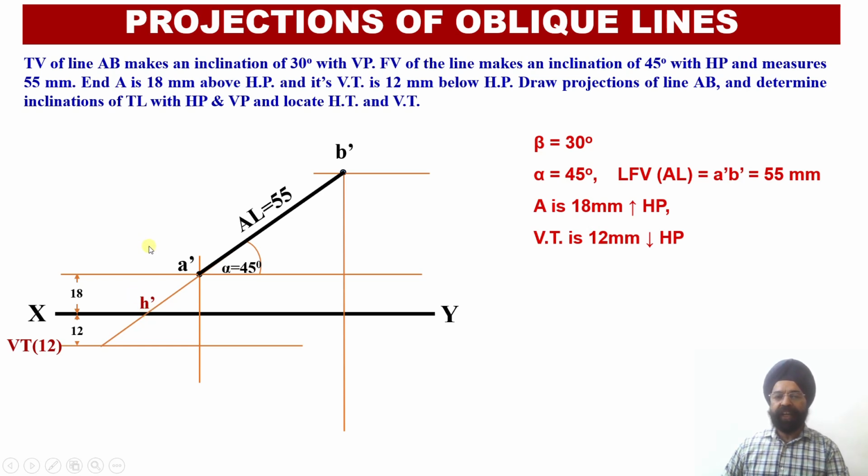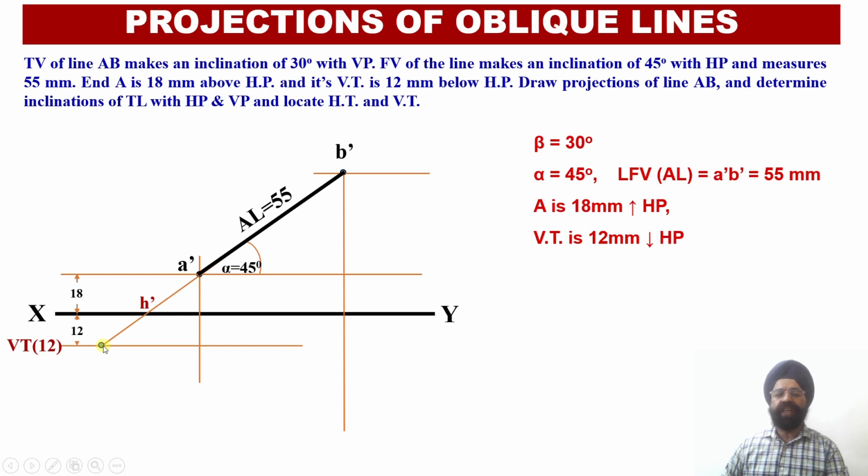Now if I draw a vertical projector through this H dash, wherever the plan projection line will be intersecting this vertical projector line, my horizontal trace will be located over there. Similarly, here I have got my point V dash. So this point will become vertical trace only when the extended elevation line carries a point V dash onto this particular locus line.